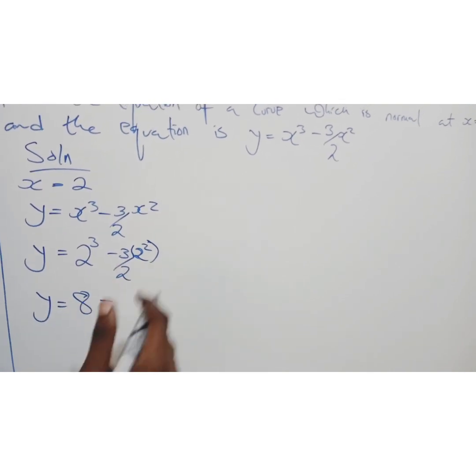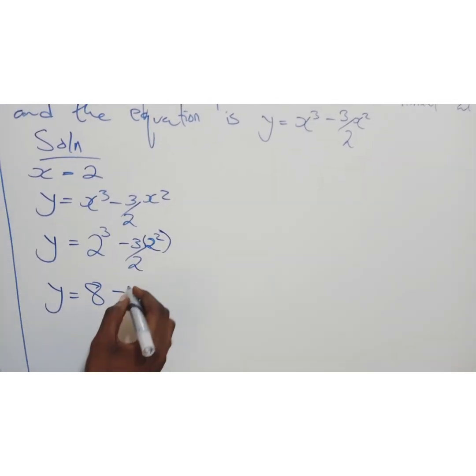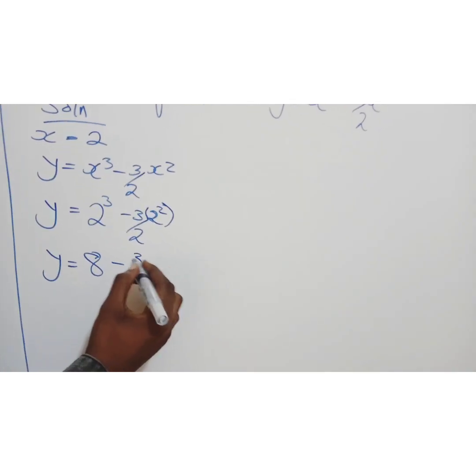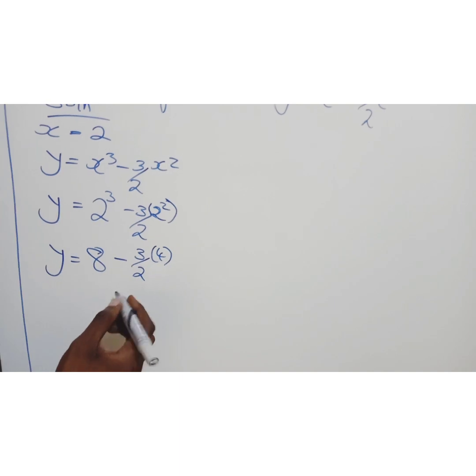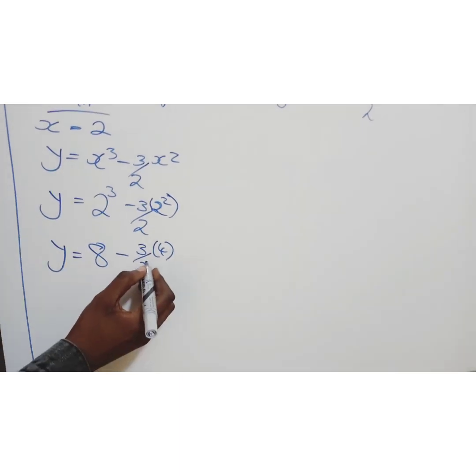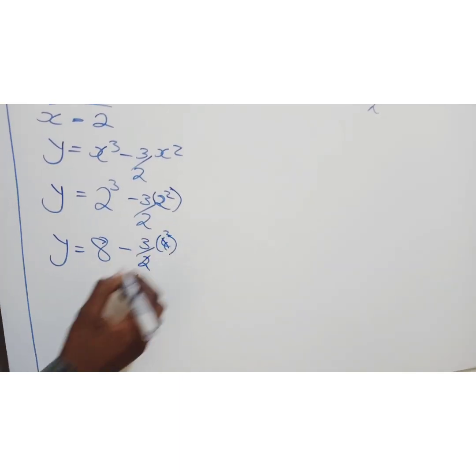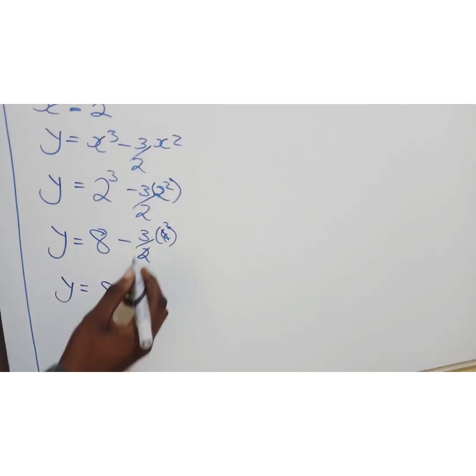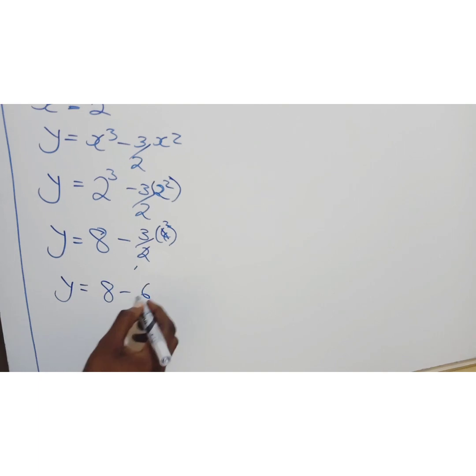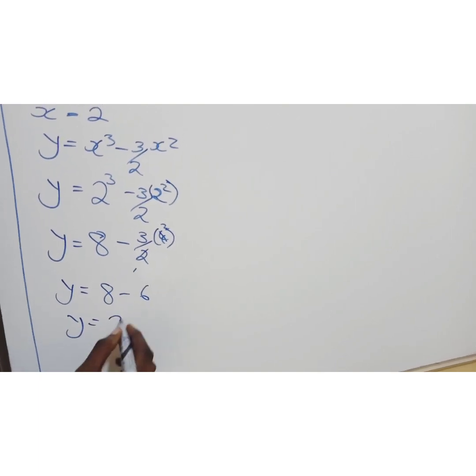This is 2 times 2 times 2. Then here we have 3 over 2, and 2 to the power 2 is 4. You can simplify this. 2 into 2 is 1, 2 into 4 is 2. So y is equals to 8 minus 3 times 2 is 6. So y is equals to 2.